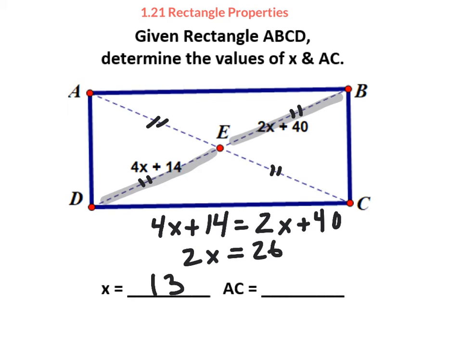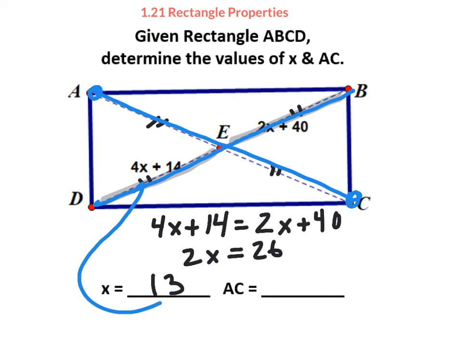Now they want us to find AC. AC starts here and does half of a diagonal and then the other half, and so it's one full diagonal. Now remember, in this shape, the diagonals are equal. So we need to plug that 13 back in to obtain its size.